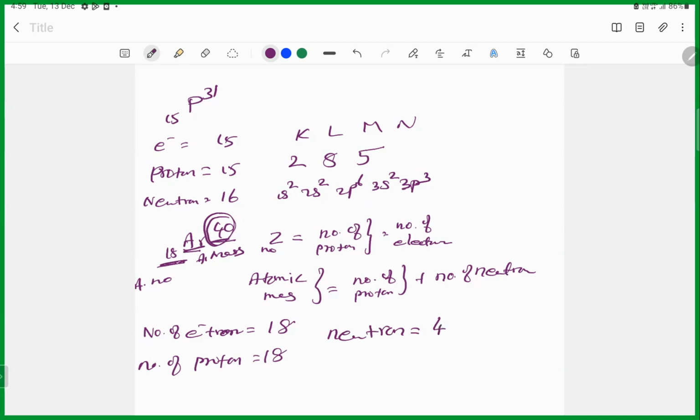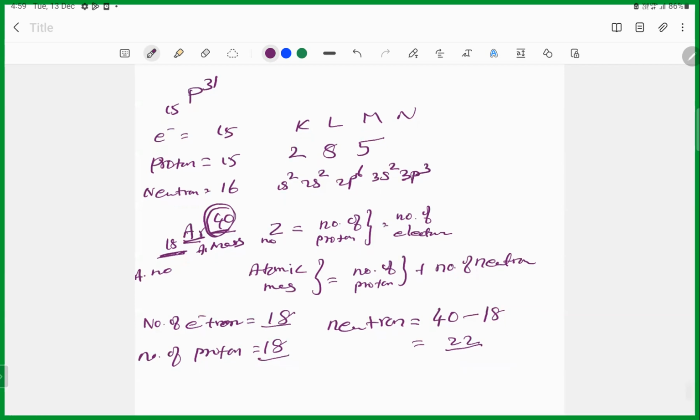Neutron equals atomic mass minus the number of protons: 40 minus 18 is 22. So 22 is the neutron, 18 is the electron, 18 is the proton.